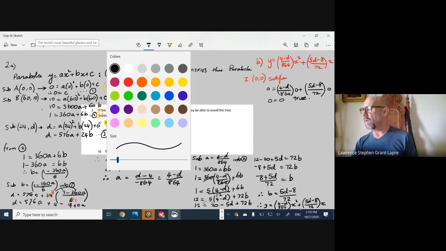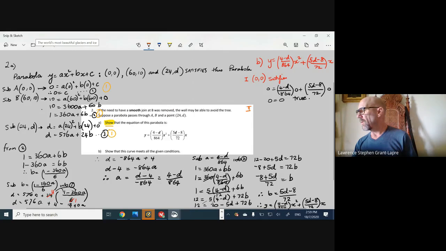Second criteria: 60, 10 satisfies. So let's test that. 10 equals 4 minus D over 864 times 60 squared plus 5D minus 8 over 72 times 60.